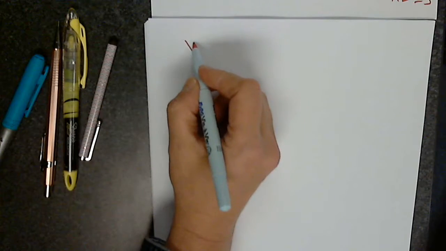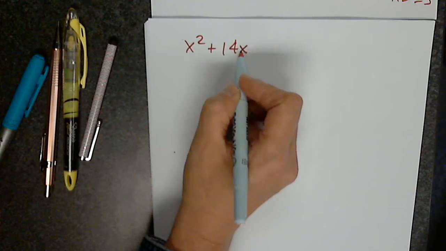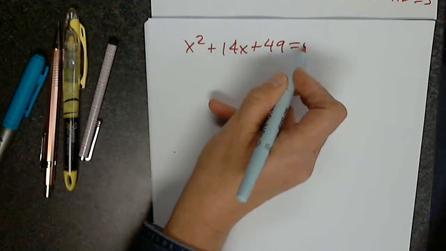Oops, sorry. X squared plus 14x plus 49 equals 0.